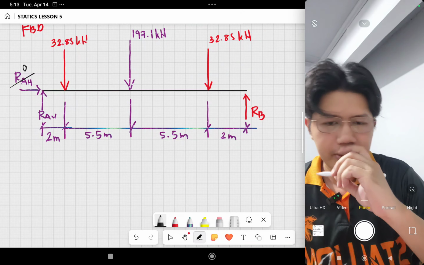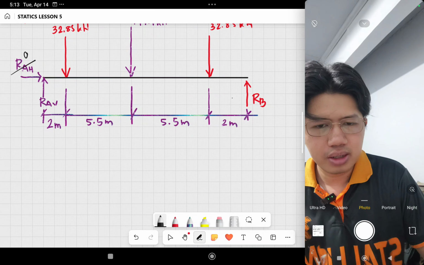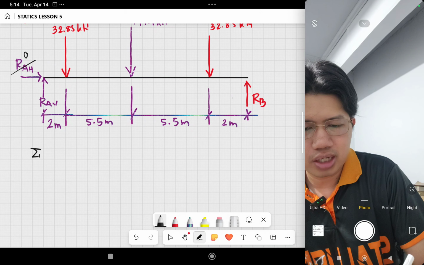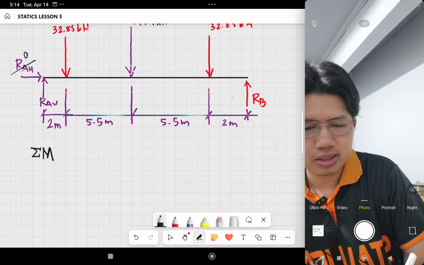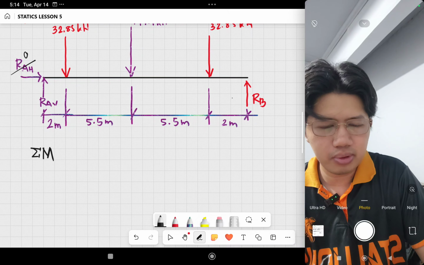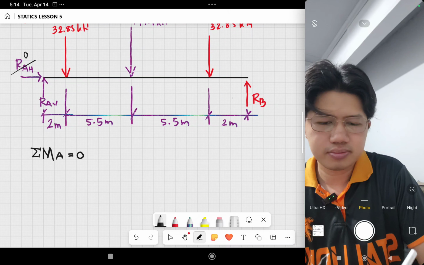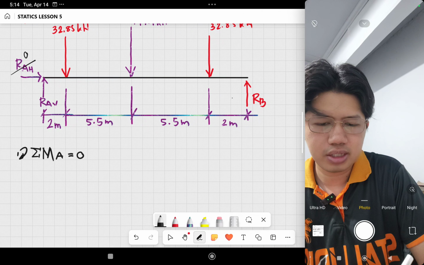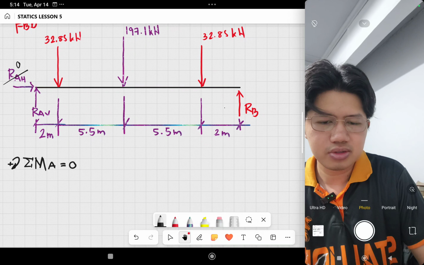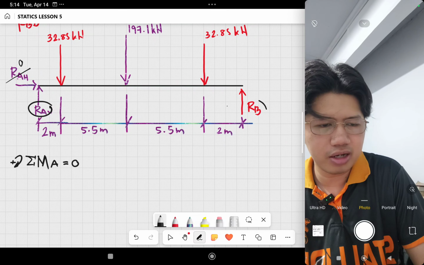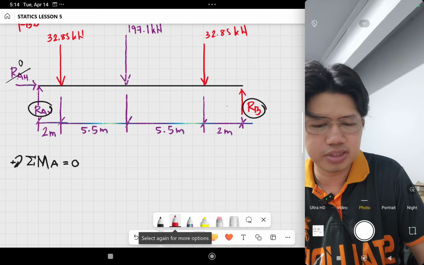Okay? So we have 32.5. So I will take summation moment at point A na lang. Taking clockwise positive. So mawawala sa ating equation is si RAV. Ang magkakaroon sa equation is si RB.